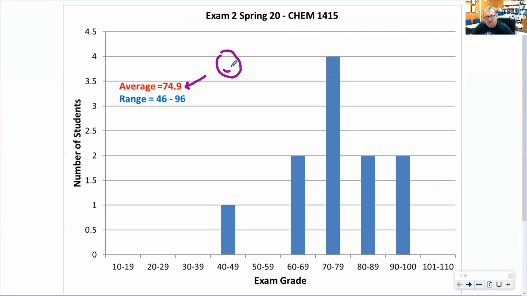The range of students on the performance was, we had a low of a 46, and several of you made in what would be the AB range, and a lot of you are very close to the B range in your score. So I was happy with your performance.